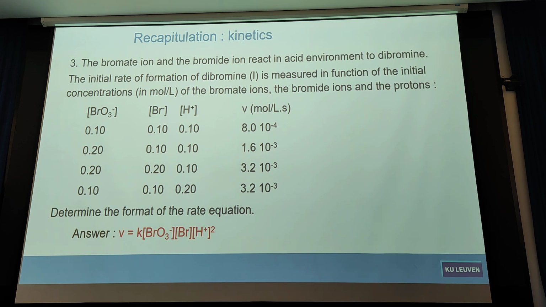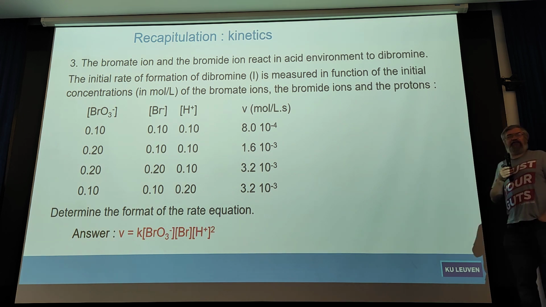And the initial speed is given in the first line. In the second line, we double the amount of bromates, and we see that we actually double the speed, the rate of reaction. So we can conclude that the bromates is first order, the concentration is first order in the rate equation.